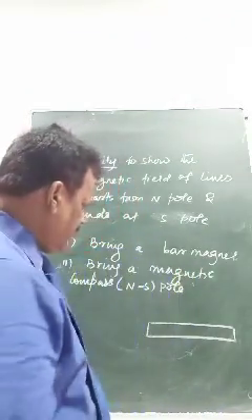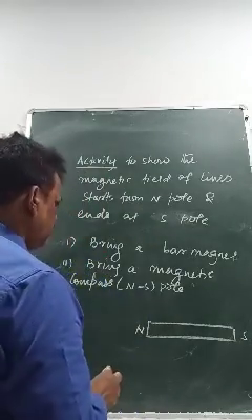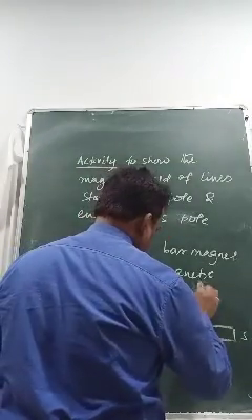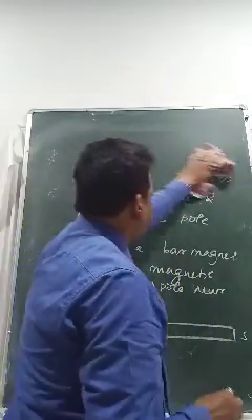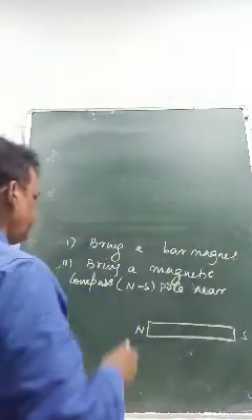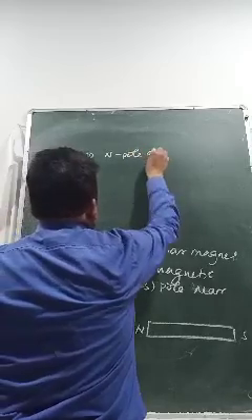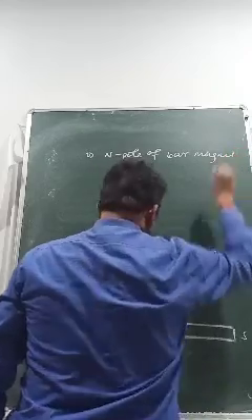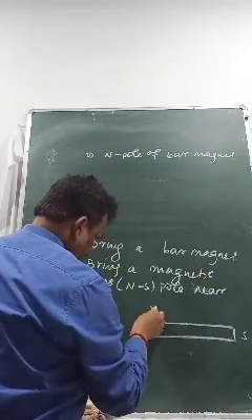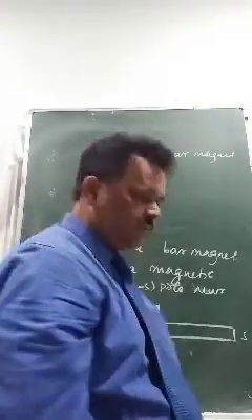Okay, now if this is north pole, this is south pole, then if you bring a magnetic compass near the north pole of a bar magnet, what will happen?